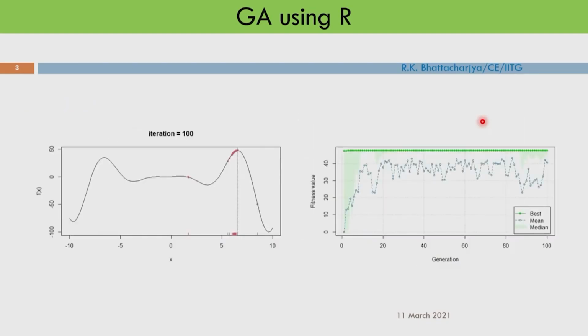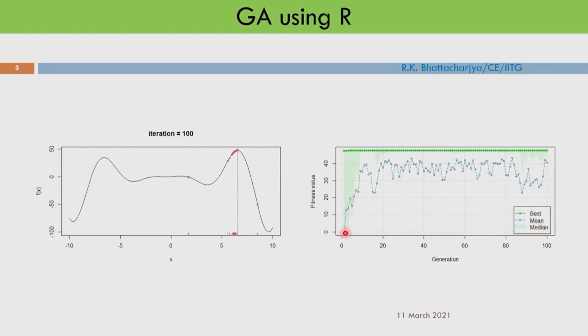This is the first problem we will solve using genetic algorithm, and this is the solution when we apply it. You can see that this is at 100 iterations, as we have given a maximum iteration of 100 here, and at 100 iterations all the solutions are near the global maxima. This figure shows the fitness versus generation curve, with the best fitness, the mean value, as well as the median value.